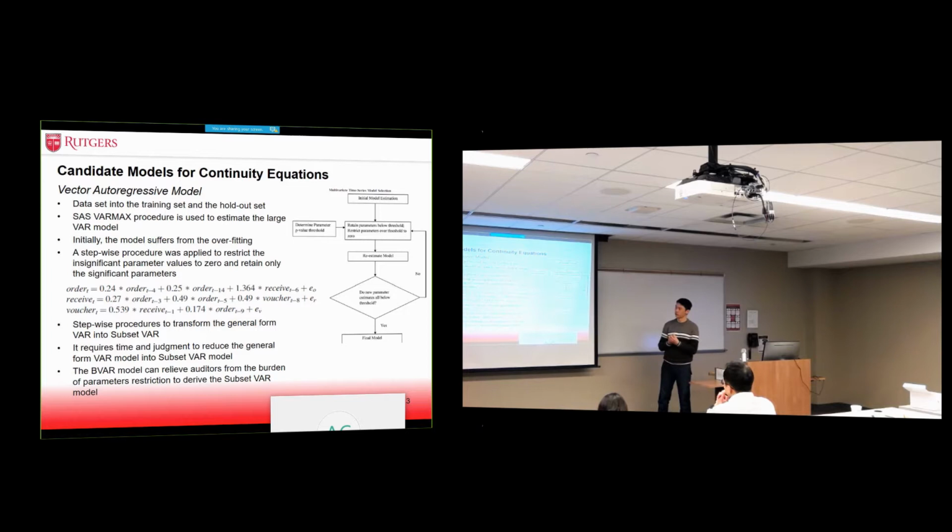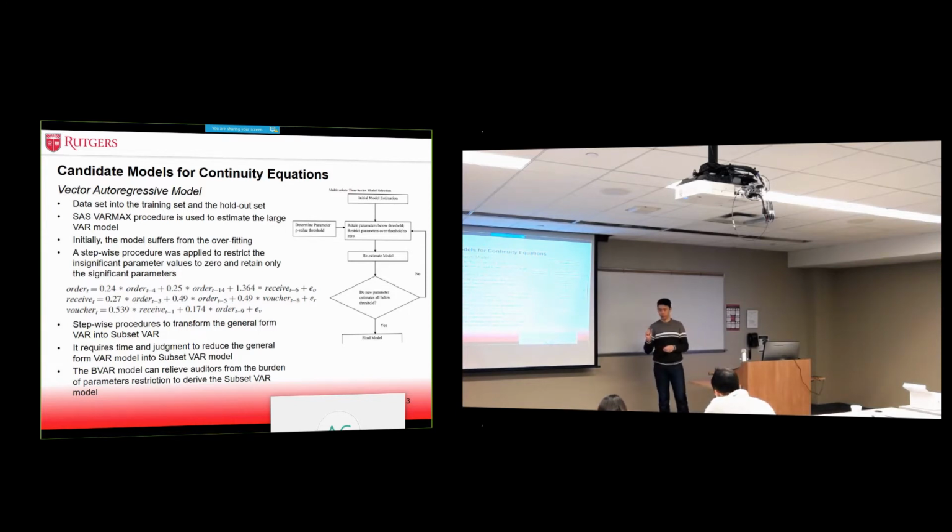Initially, models suffered from overfitting, and most parameters were insignificant. Then they decided to go through a stepwise procedure where you start with all parameters, input all parameters in the model and start eliminating them after each step, whichever is insignificant.